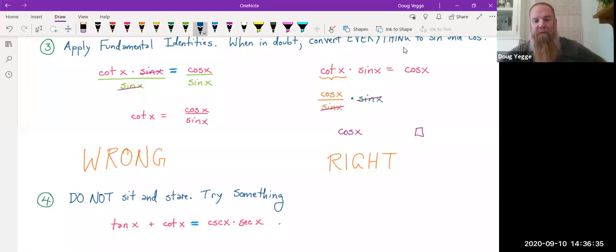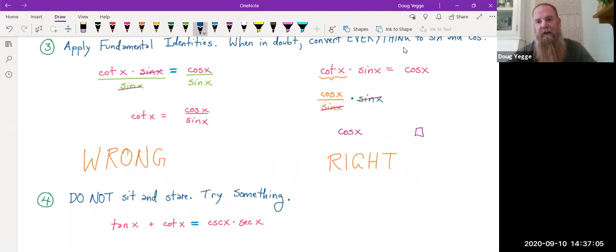Before revisiting the first identity that we wrote at the beginning of this lesson, the fourth, and I feel the last rule that we should think of is what I often tell my students year after year: do not sit and stare, try something. There's always something to do. There's always some sort of identity to apply. If you can't think of an identity to apply, then there's always a reciprocal identity you can apply.